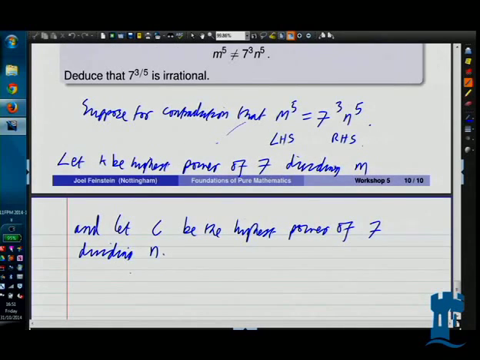Then for M to the 5th, so the left-hand side is M to the 5th, the highest power of 7 dividing M to the 5th is going to be 5K.